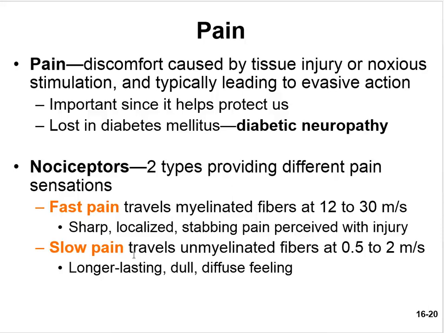The slow pain travels more slowly because it's on unmyelinated fibers, and it's longer lasting and dull with that diffuse feeling. It could be like that headache that won't go away. Both of these can tell the body that there's some damage or some problem someplace.